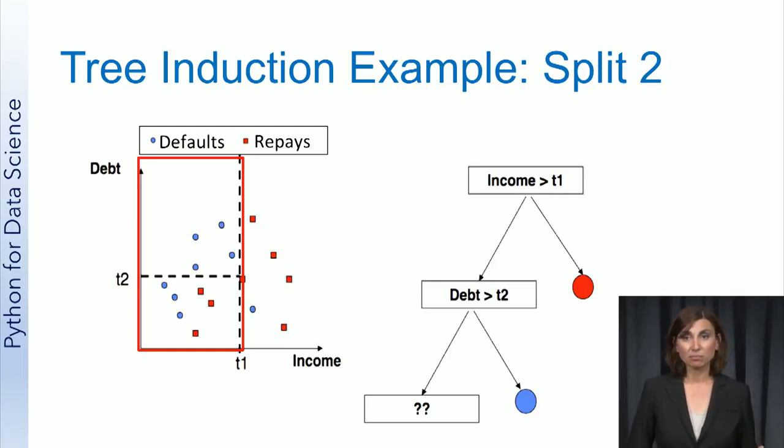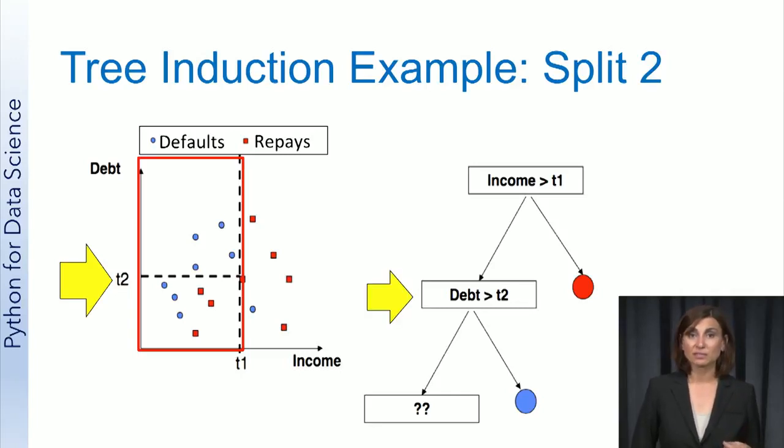The second step, then, is to determine how to split the region outlined in red. As shown in the left diagram in input space, the best way to split this data is specified by the second decision boundary with depth equals T2.